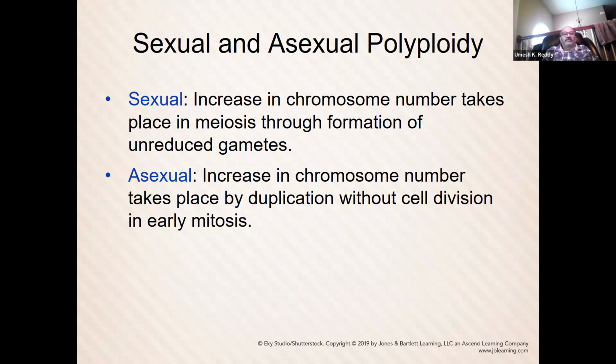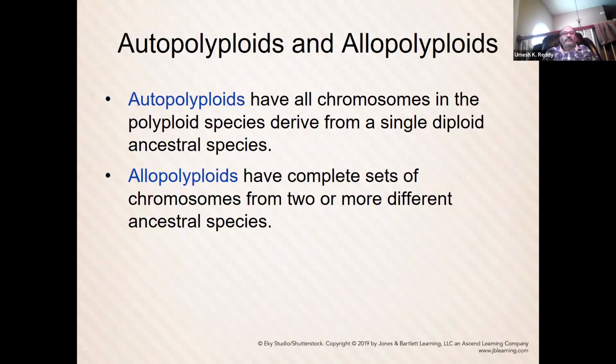So I'm talking faster. And then there are autopolyploids, where all are the same species, like in chrysanthemums. n equals 9, diploid is 2n, which is 18. Tetraploid is 36. Hexaploid is 9 times 6. Octaploid is 9 times 8, that is 72.